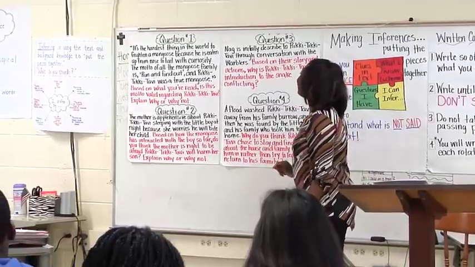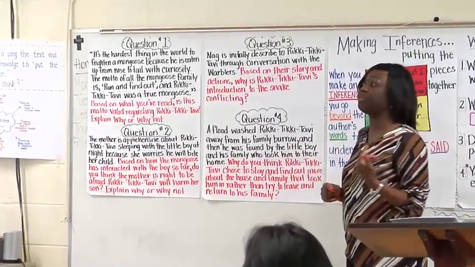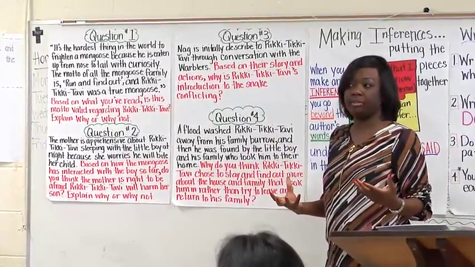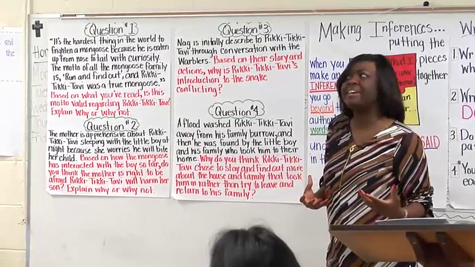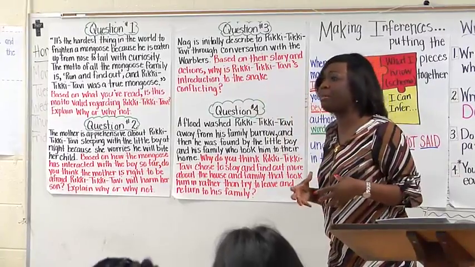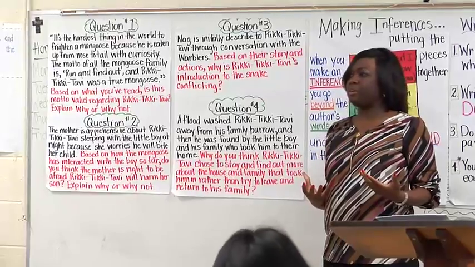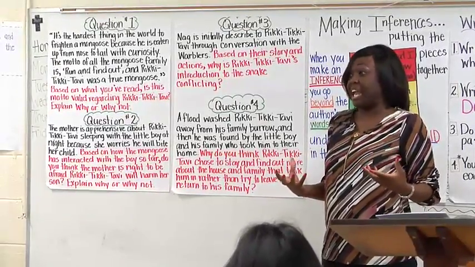Number 3, Nag is initially described to Rikki-Tikki-Tavi through the conversation with the Wobblers because they're telling him what happened to their what? To their child, what Nag did. And who is Nag? He's the cobra. So if they were telling you about what this snake did to their child, how would you feel? What would you think about the snake?